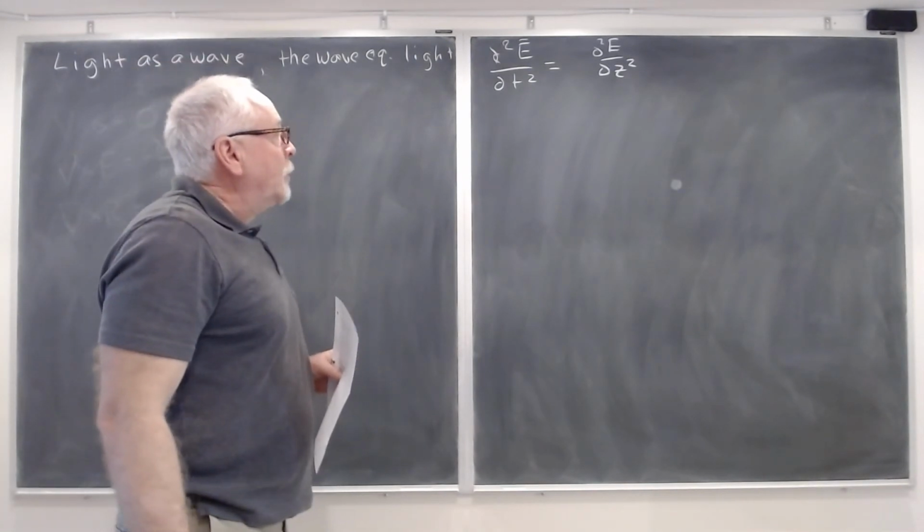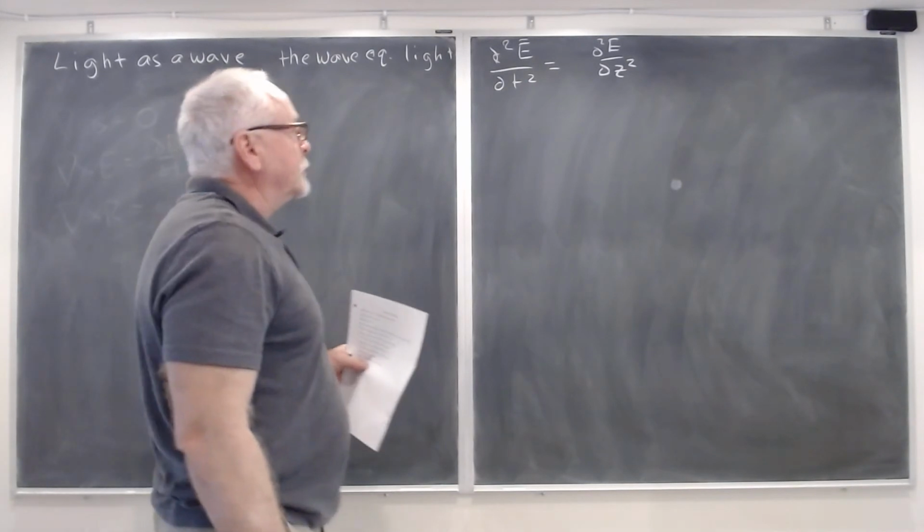And the proportionality constant is, of course, 1 over c squared.